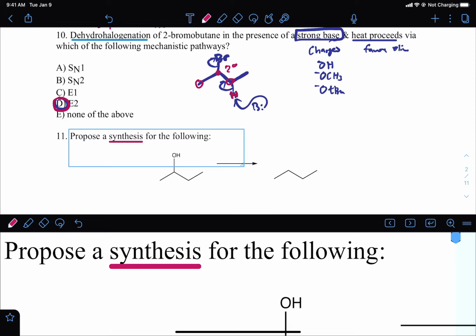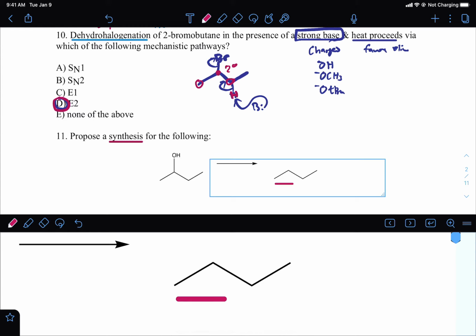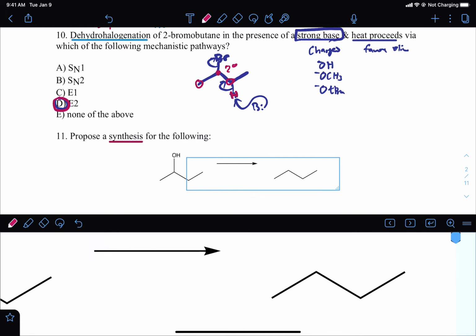And usually in these types of problems, I like to recommend working backwards, logically working backwards, meaning ask yourself, what's the last step that I need to do? Let's worry about the last step first. And then once we're there, we can work backwards from that, and eventually we'll get back to our starting material.